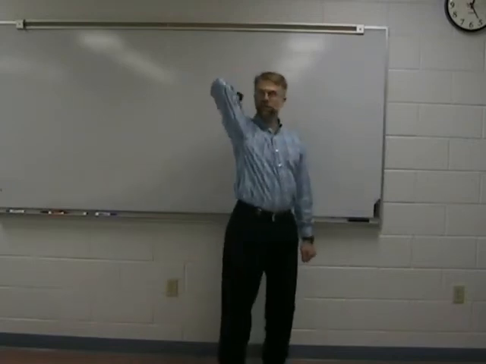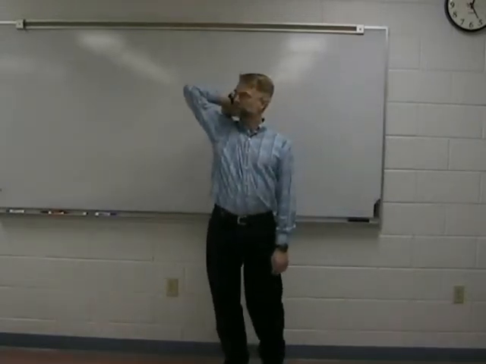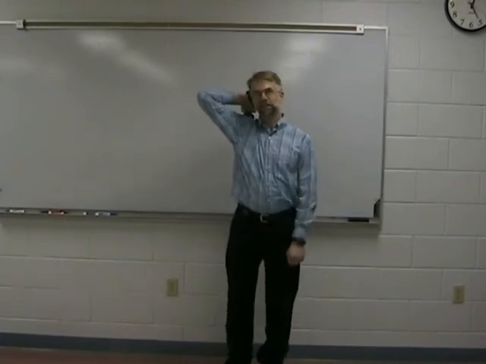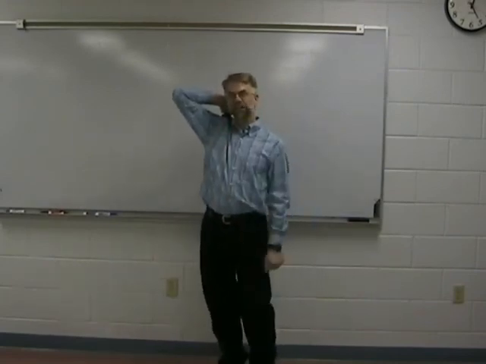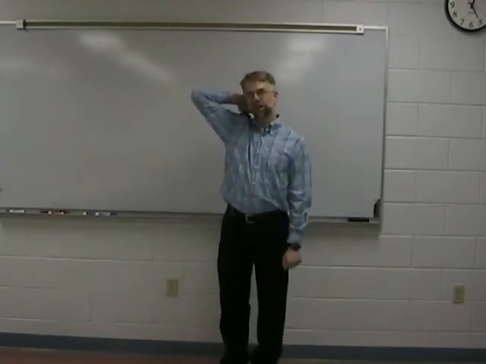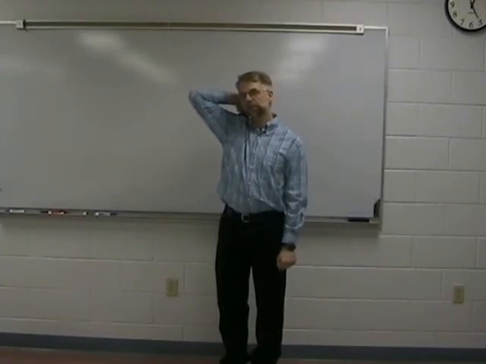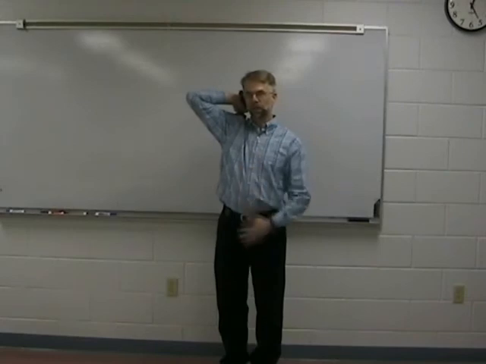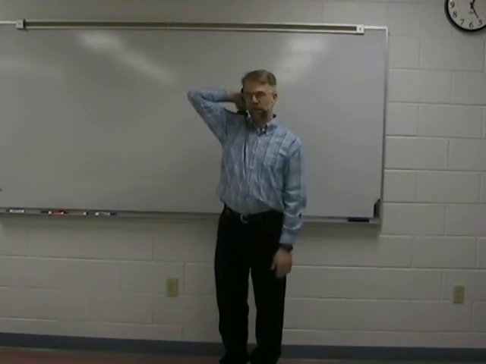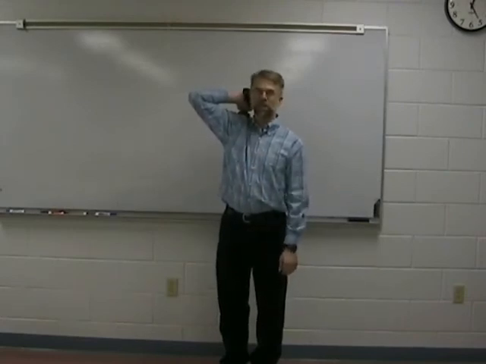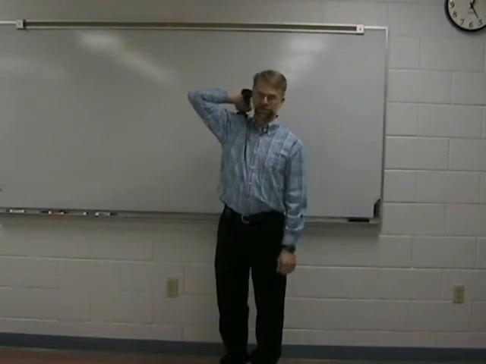As I slowly lower it, my elbow is flexing. Does that mean this is a concentric contraction of my elbow flexors? Not at all. It's gravity that's pulling the weight down. The elbow flexors really aren't participating or active at all.